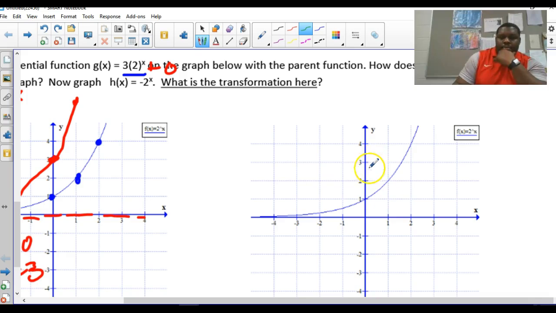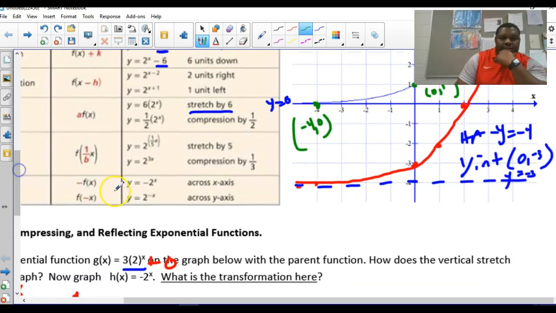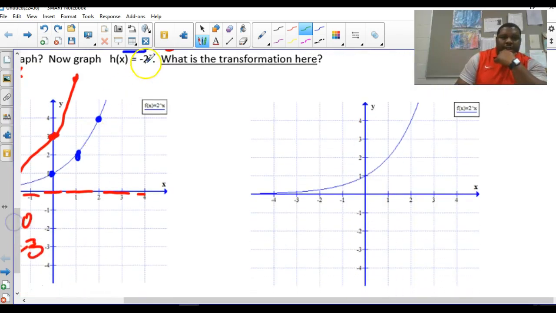For this next problem, we have the negative out front. The negative out front says reflect across the x-axis. So again, everything out front is not directed to the x, which means it affects the y value. So this y value right here is 0, 1. I'm going to multiply the y value by the negative. So 1 times the negative out front is negative 1.